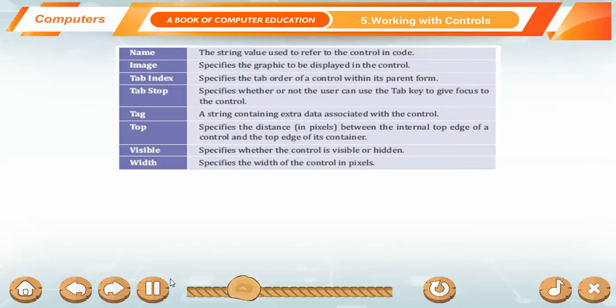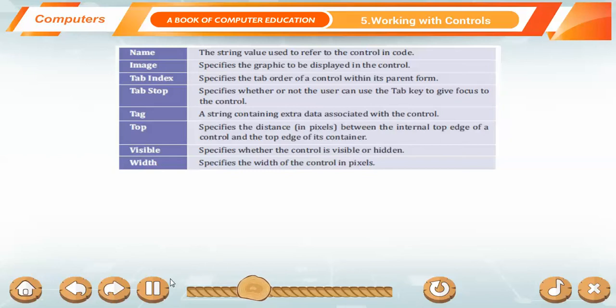Name: the string value used to refer to the control in code. Image: specifies the graphic to be displayed in the control. TabIndex: specifies the tab order of a control within its parent form. TabStop: specifies whether or not the user can use the Tab key to give focus to the control.